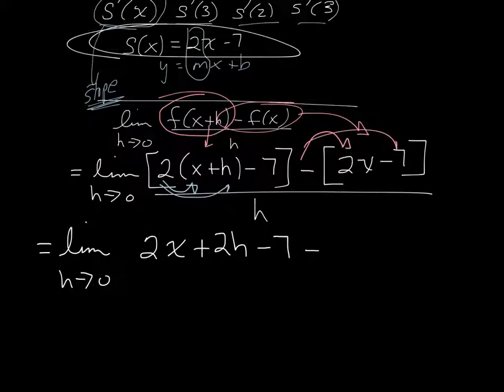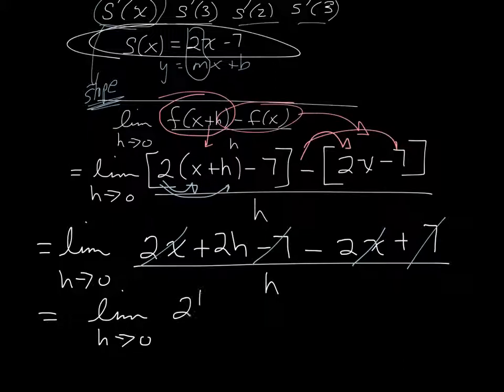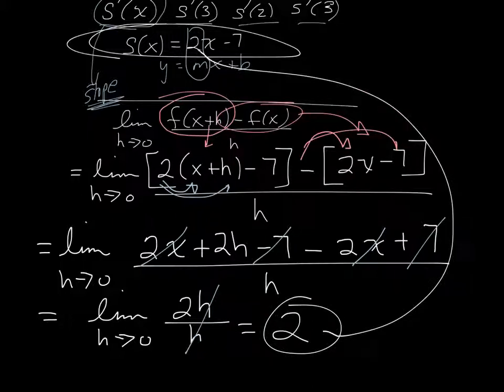So that's going to give me minus 2x plus 7 all over h. And notice what happens. Everything that is not in terms of h cancels. So I end up with the limit as h goes to 0 of 2h over h. My h's cancel, and didn't I tell you? Right up there, that should be your answer.